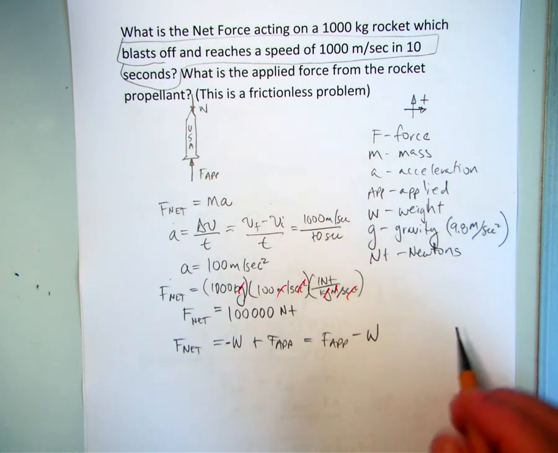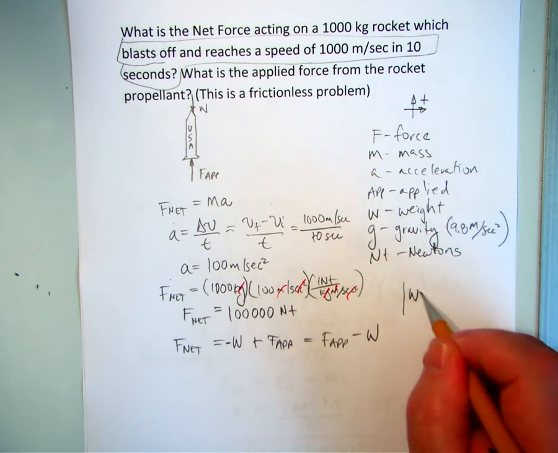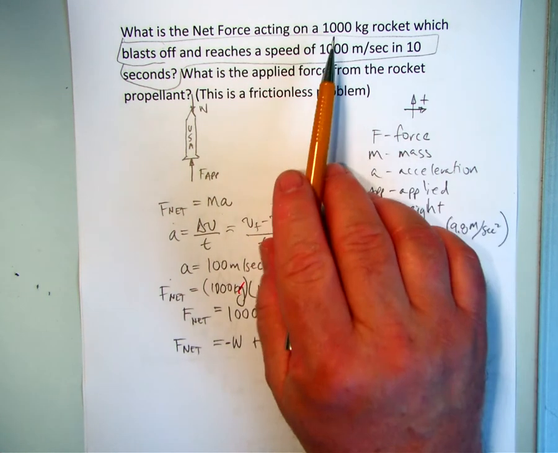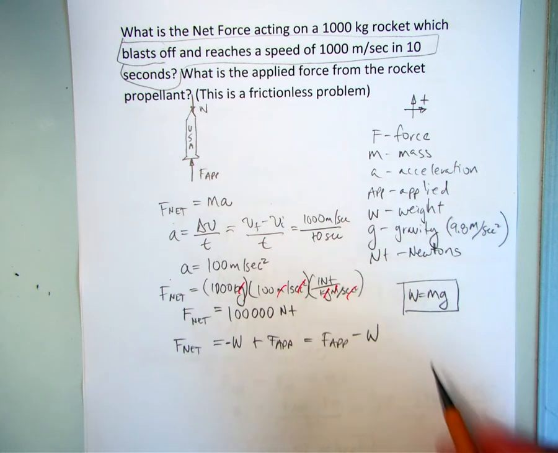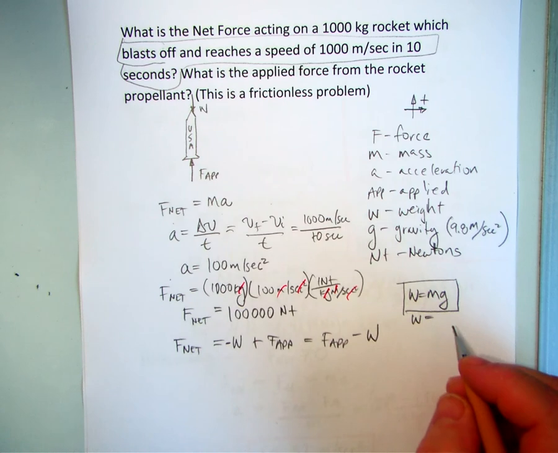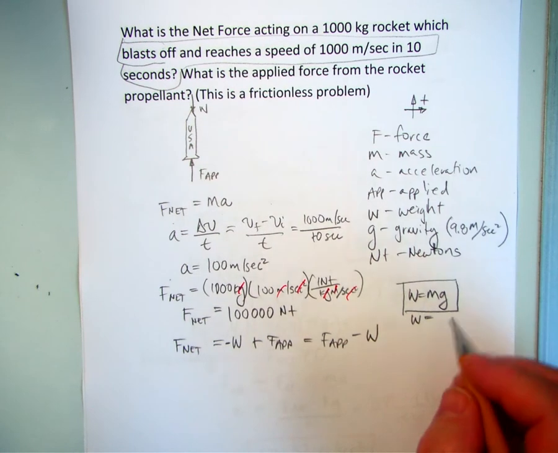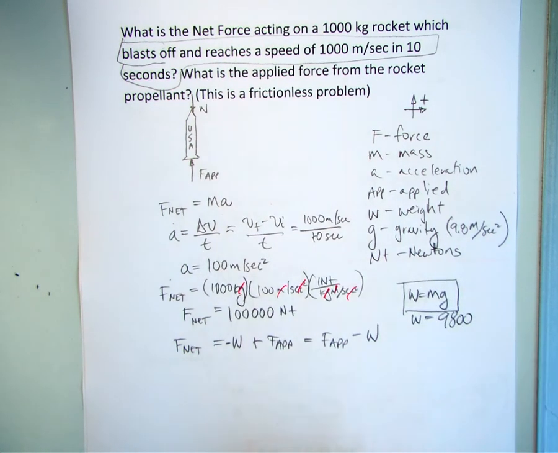We'll just do a little box over here: mass times gravity. What's the mass? 1,000 kilograms. Gravity 9.81. So the weight is 1,000 times 9.8, which is 9,800.